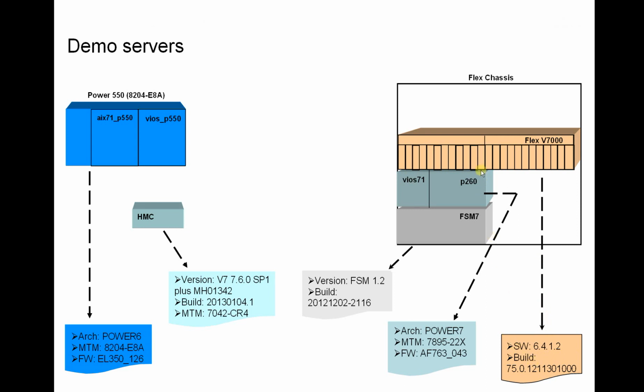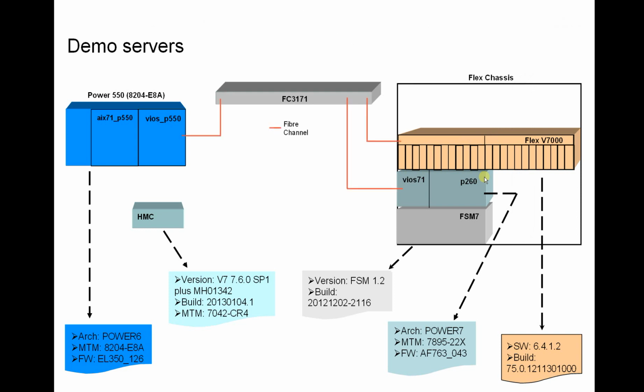So again, when I hit enter here, I see a shadow of my switch. I pull the switch out and see what I did here. I cheated again, right? I connected everything through the Flex SAN switch, the FC3171. So my VIO on the Power 550 and my VIO on the P260 both are connected to that SAN switch.